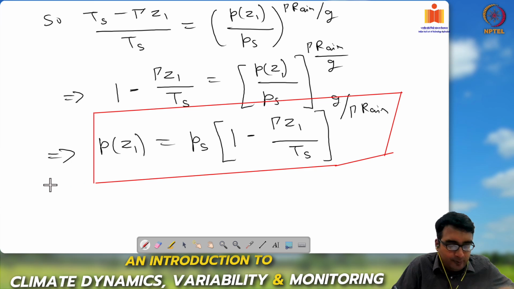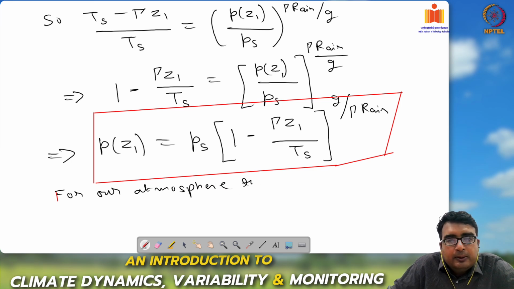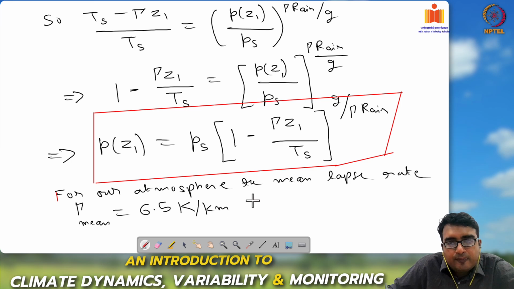So remember that for our atmosphere, the mean lapse rate, so gamma mean, is equal to 6.5 kelvins per kilometer in the troposphere.